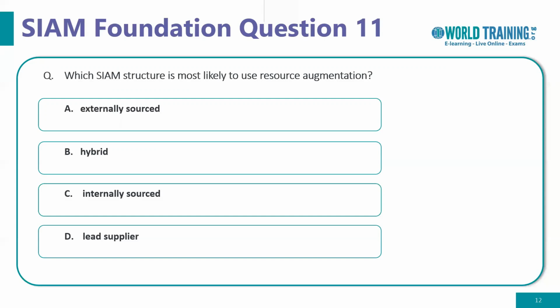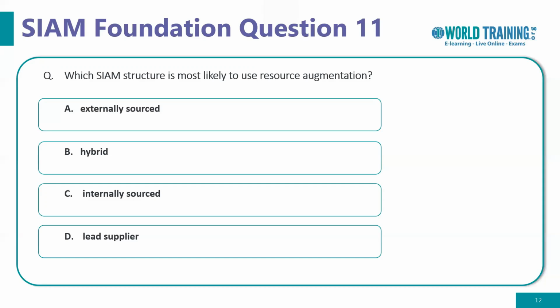So you have to look at externally sourced, hybrid, internally sourced, or lead supplier. Lead supplier is someone who is already carrying some work and you make them the SI. Hybrid is where you get some skills from outside and you have your own people.